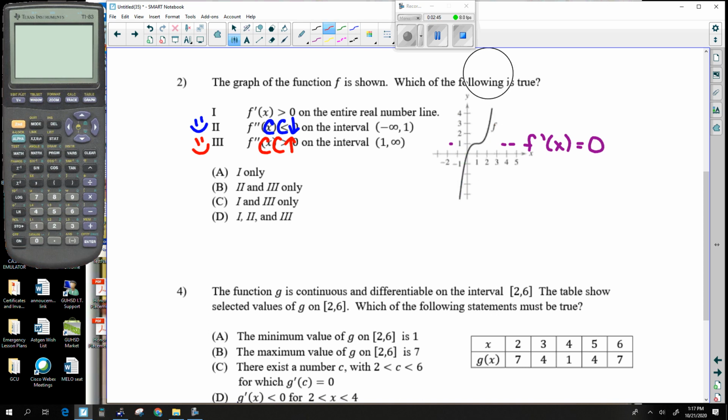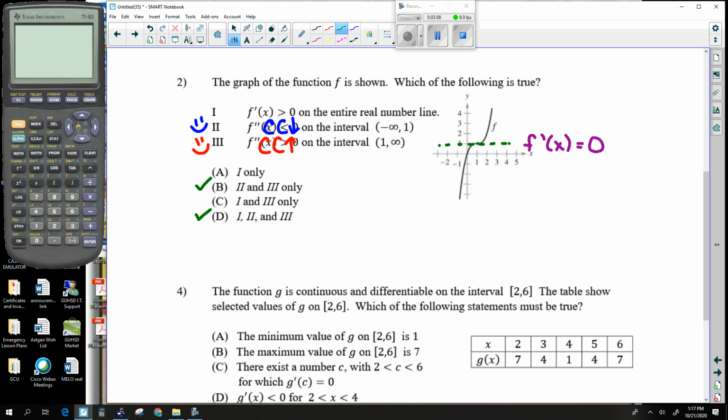Whether that is equal to 0 or not is the million-dollar question on if the answer is B or if the answer is D. I don't know, it looks pretty flat right there.